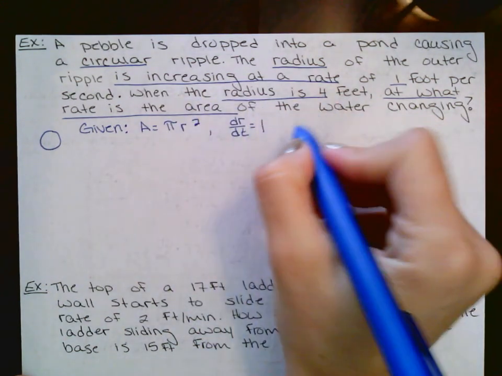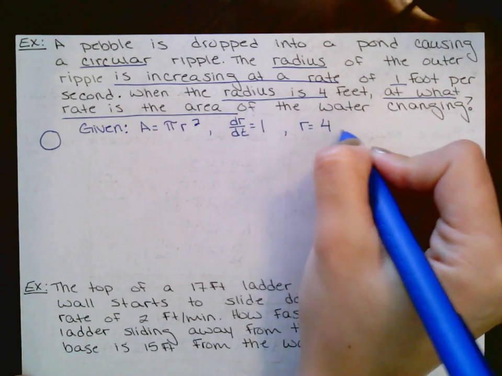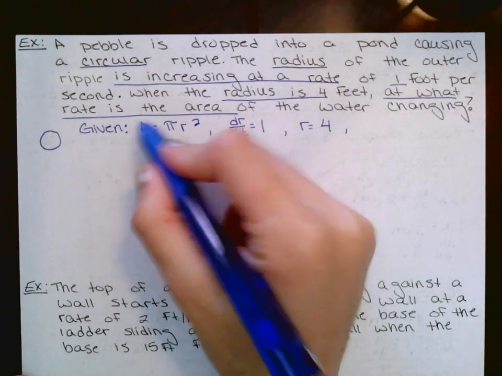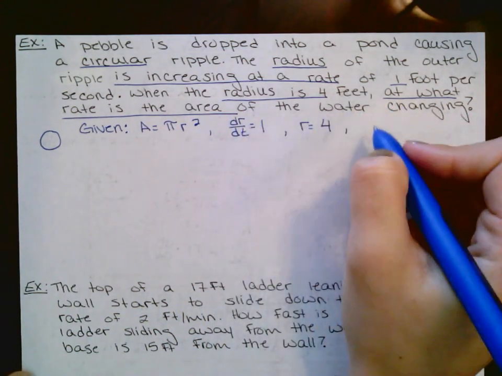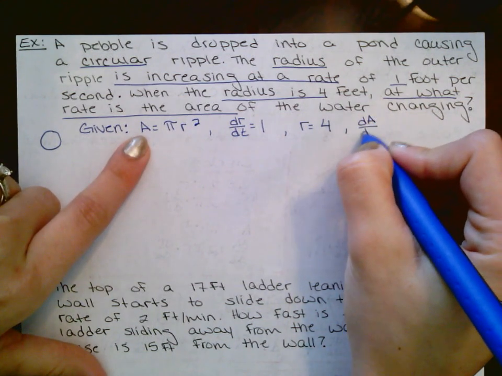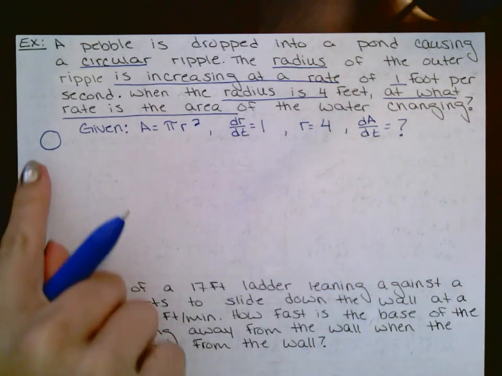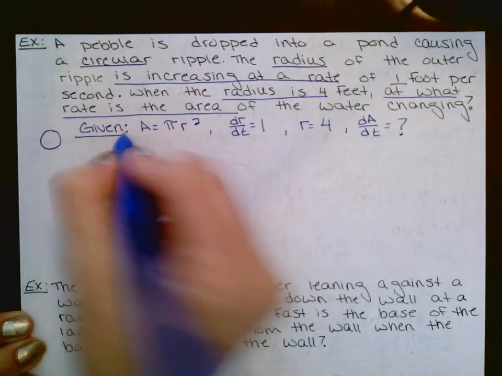Then when the radius is 4, so when r is 4. Here's your question: the rate of the area changing. If I say rate with the word area, it's not just area, it's the derivative of area. So there's step 1. I know what shape I'm working with, and I spotted all of my givens.